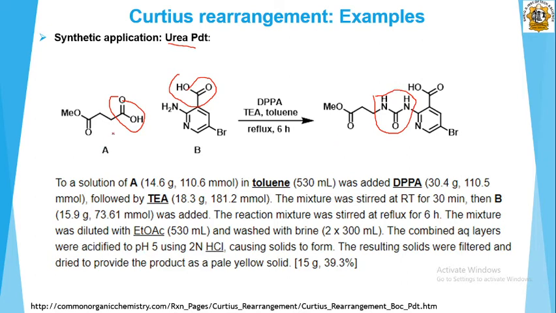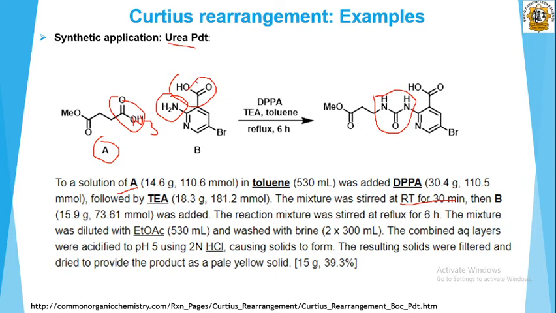So what they did, if you mix them both at the same time, you will get a mixture of products. But what they did, they used starting material A first, then toluene, then DPPA to make azide here, followed by TA, and then the mixture was stirred at RT for 30 minutes without this B. Then they added B. So azide will form, and this amine, when it comes, it will form urea.